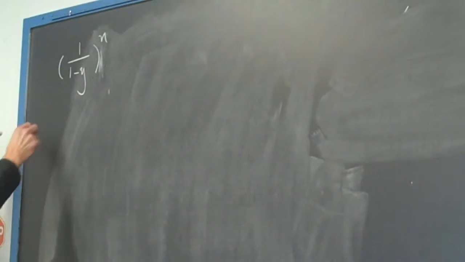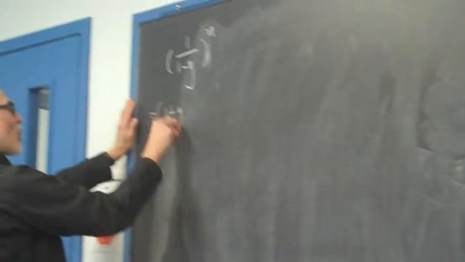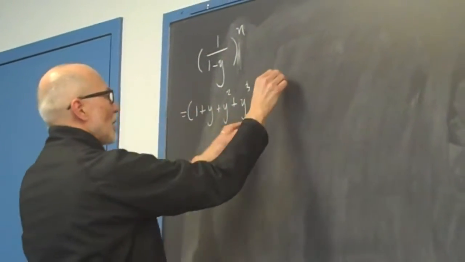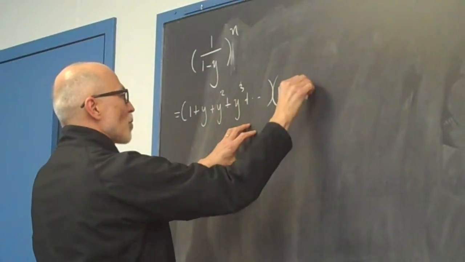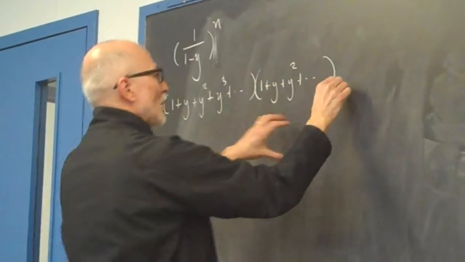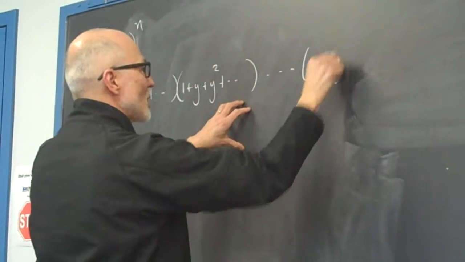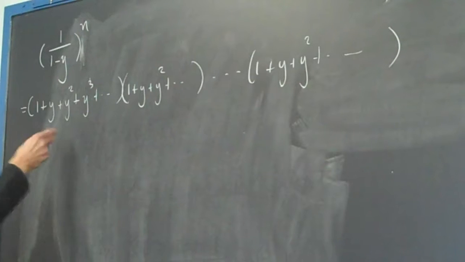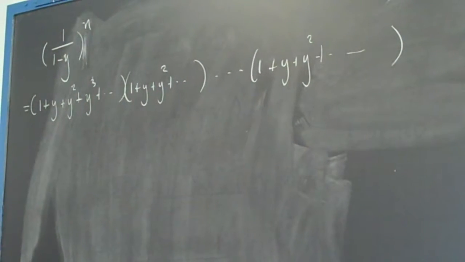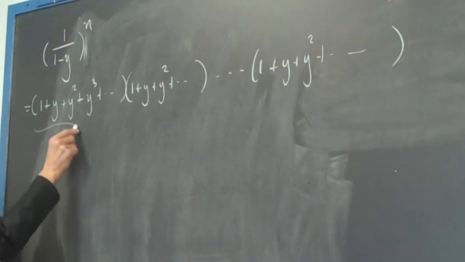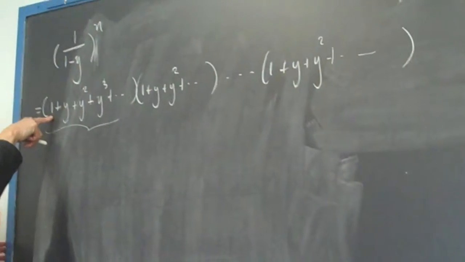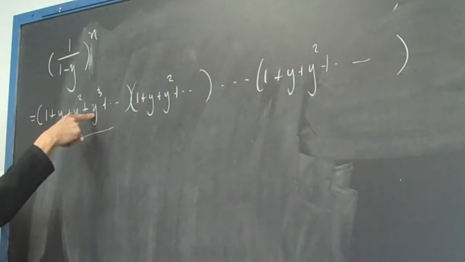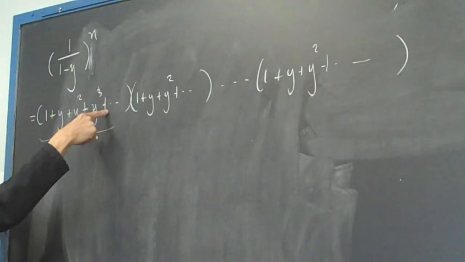So this is equal to, let's see, 1 plus y plus y squared plus y cubed, dot dot dot, to the nth power. Okay, so now I have n things, right? I have n things. So here, no, or yes to 2 things, or yes to 3 things, or yes to 4 things.